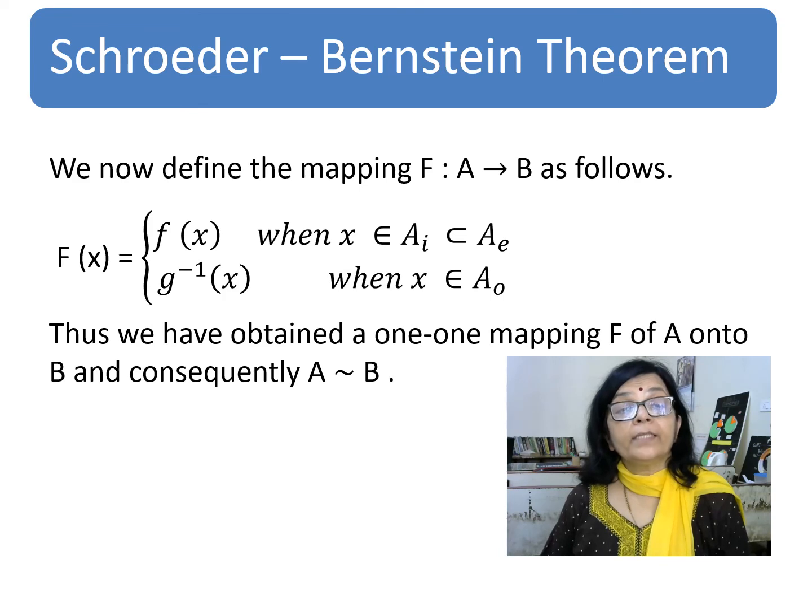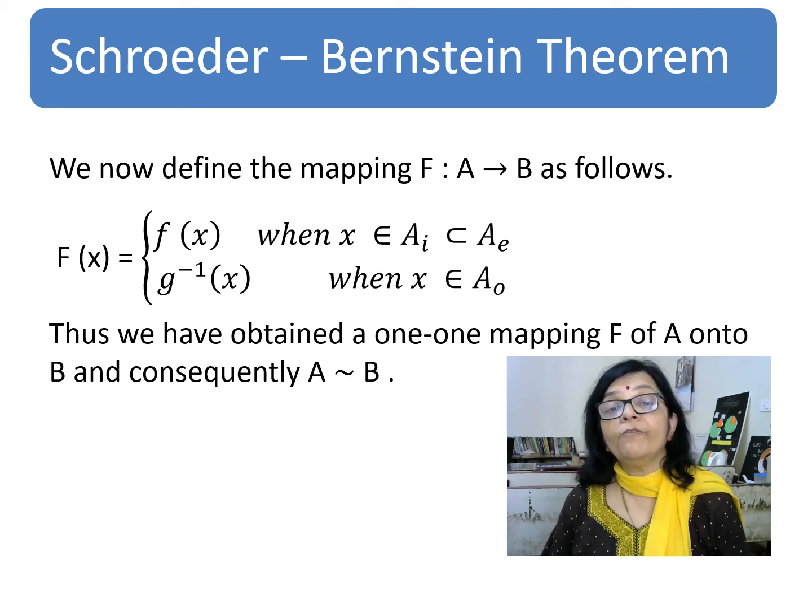Capital F of x is equal to small f of x when x belongs to A_I or A_E, and capital F of x is equal to g inverse of x when x belongs to A_O. Thus, we have obtained a 1-1 mapping capital F of A onto B, and consequently A is equivalent to B.